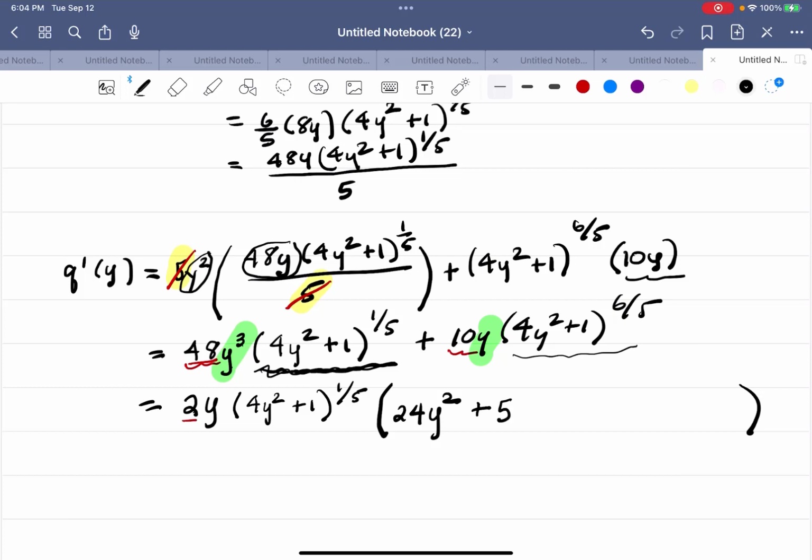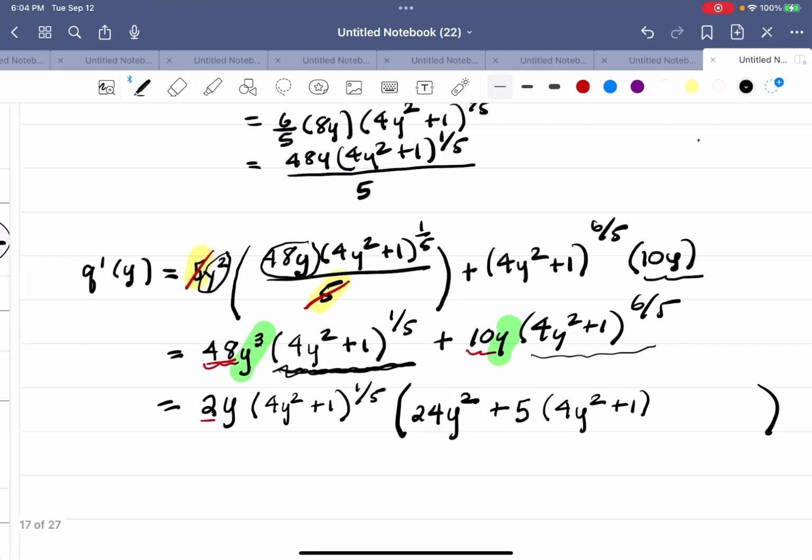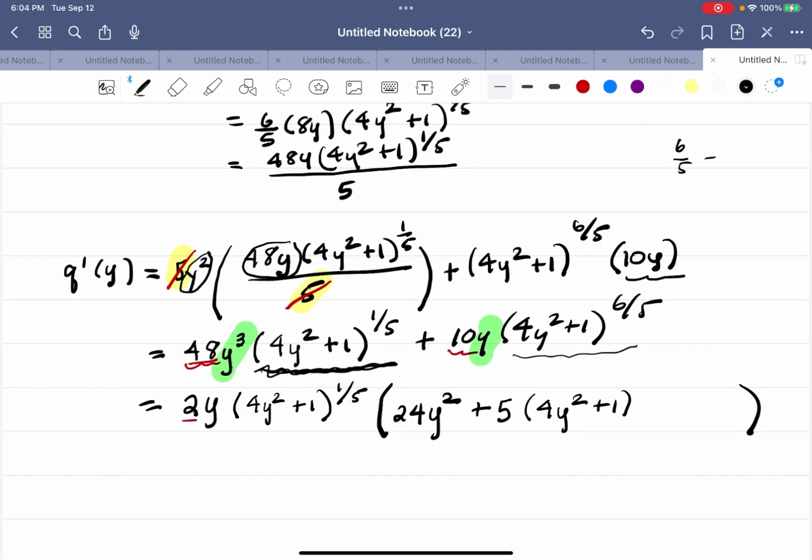I took out the y, and now I have to subtract 6/5 minus 1/5 to figure out what my exponent is here. 6/5 minus 1/5 is 5/5, which is 1. So this is going to be to the 1.